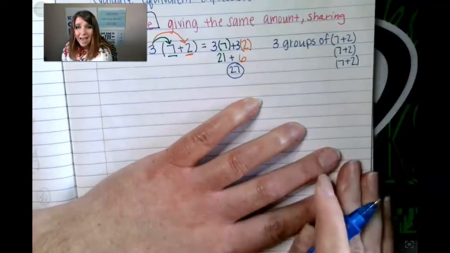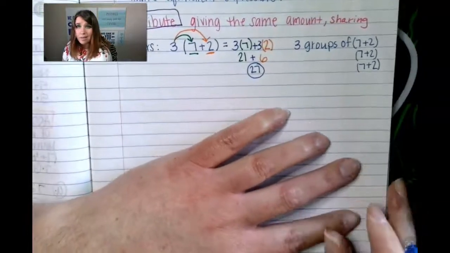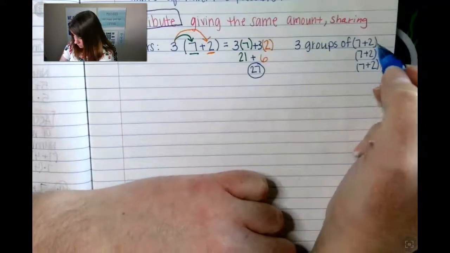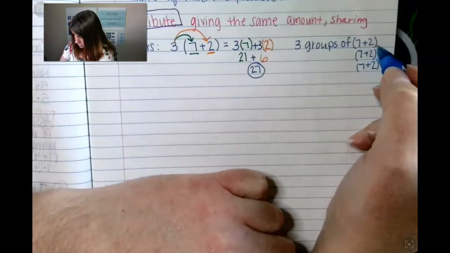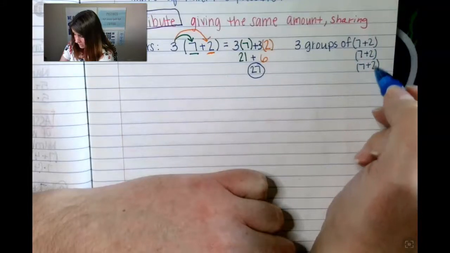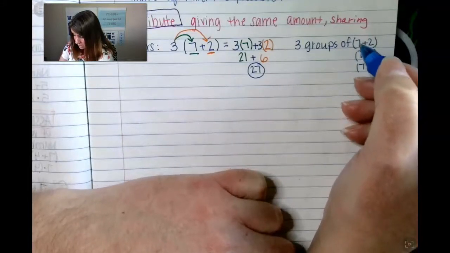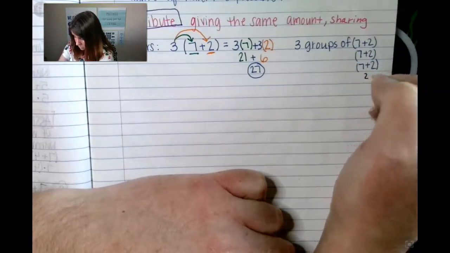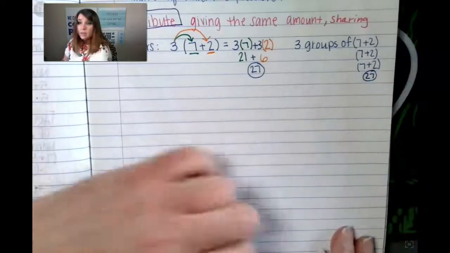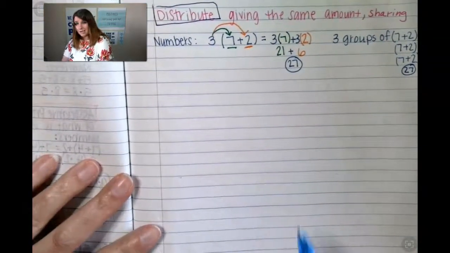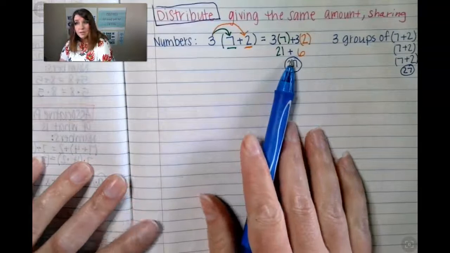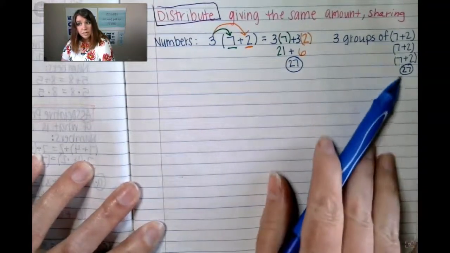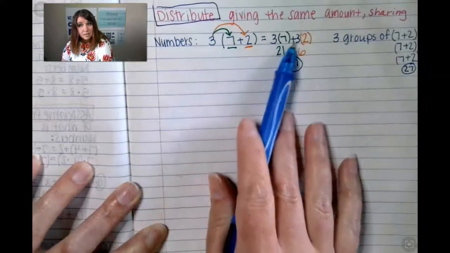And now I can add those up and see if I get the same answer. I get 2, 4, 6, and then I get 21. 21 plus 6 gives me 27. That answer is the same as the answer that I got right here. So 3 groups of 7 plus 2 written this way is the same as writing it this way.